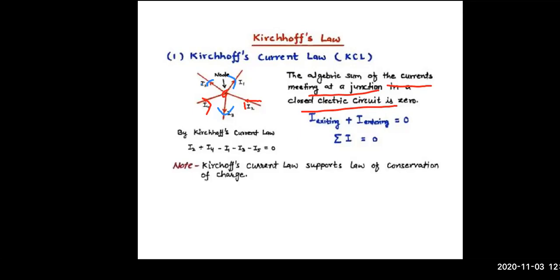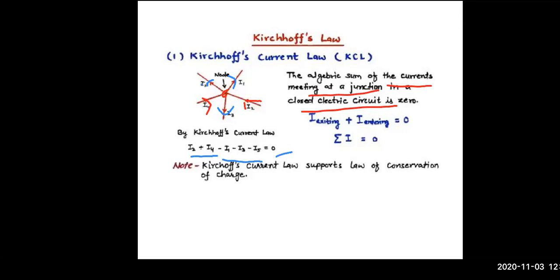So if we use the sign convention, then the current that is entering the junction, we will take as positive. So here I2 and I4 we have taken as positive, as they are the currents which are entering the junction, and we will take the currents which are leaving the junction as negative, and so their sum will be equal to 0.